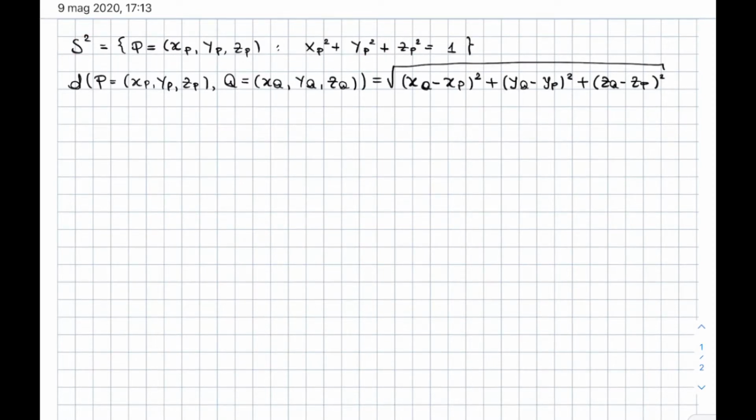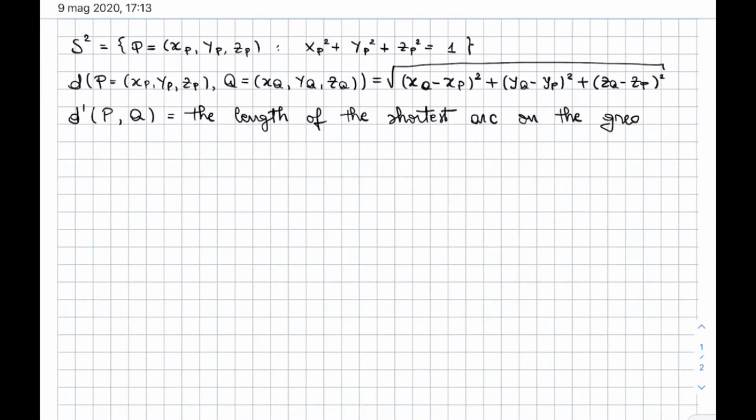The second distance we defined on the sphere, which we denote d prime, is the one that associates to 2 points P and Q the length of the shortest arc on the great circle on which P and Q lie.